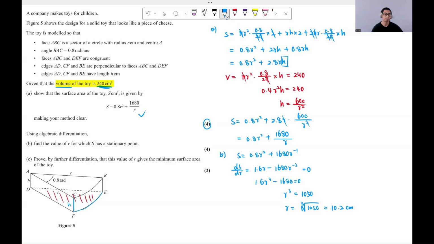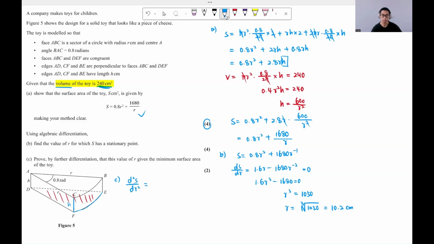And in part C, prove by further differentiation that this value of r gives a minimum surface area. If we want to use further differentiation, meaning we need to find the second derivative. As long as we substitute in to get a second derivative more than 0, then we show it.